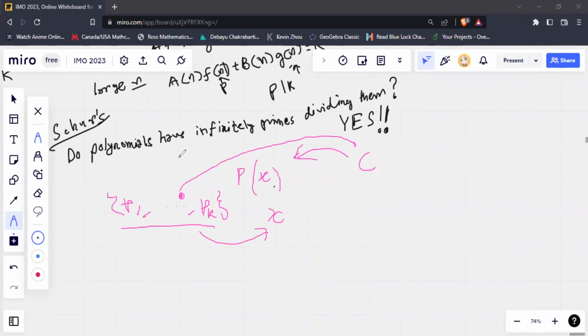Then we find a value of this polynomial which is relatively prime to that p of x, and that will do the proof.